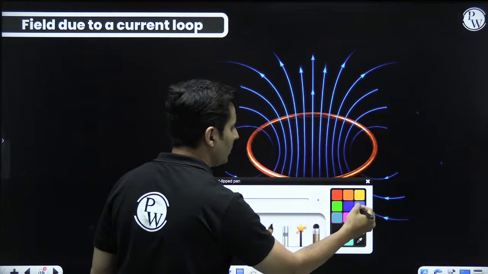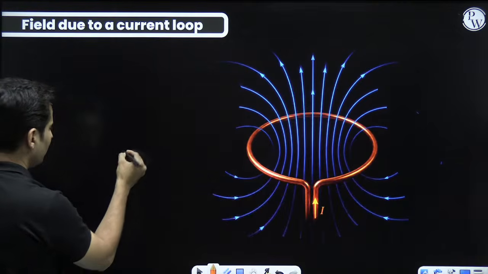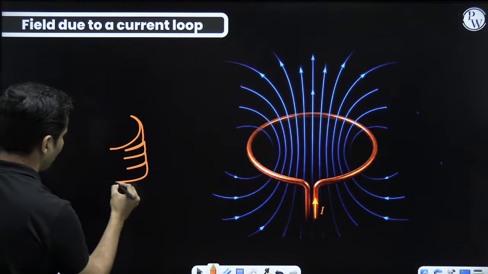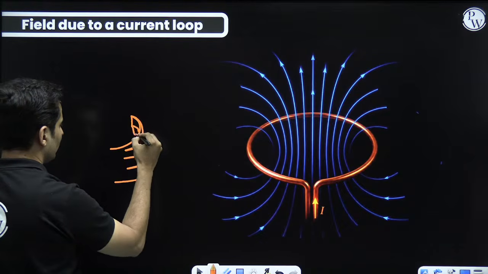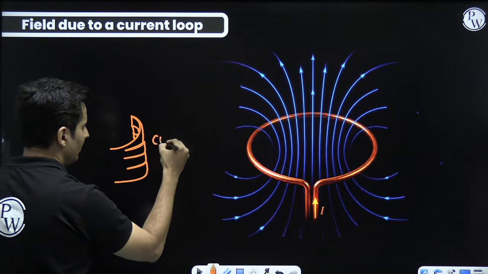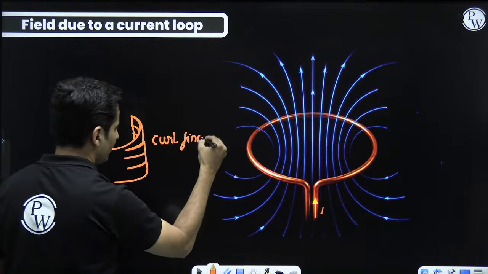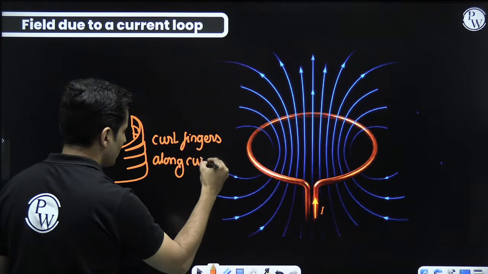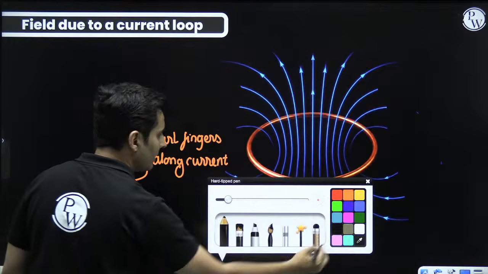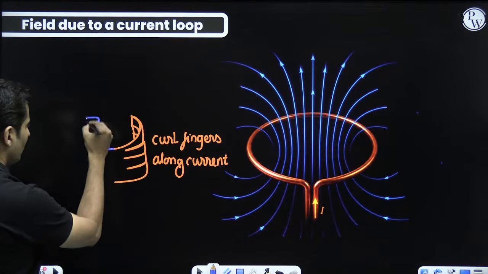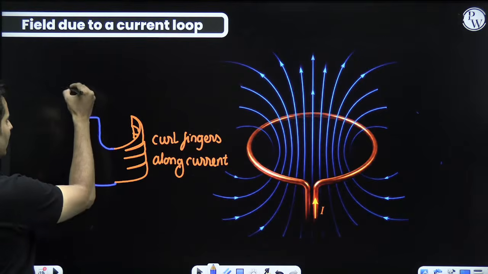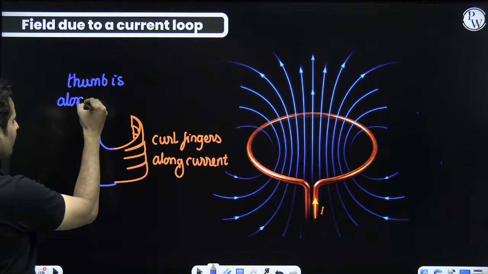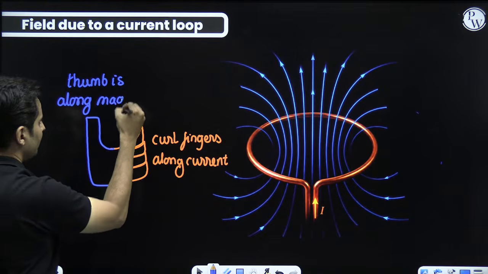Okay, so curling your fingers. I'll just mention that over here. Curling your fingers in the direction of the current, so these are your 4 fingers. Fingers curl along the current, automatically your thumb is along the magnetic field.